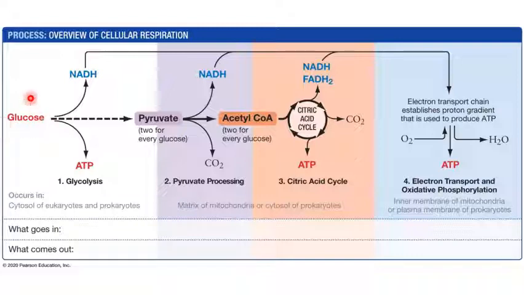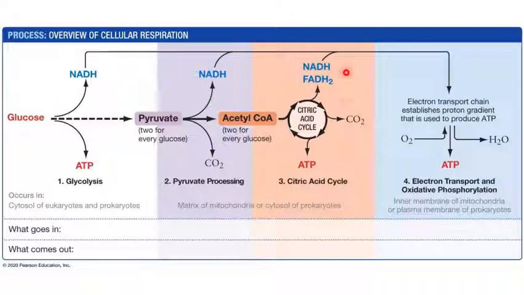So you start out with glucose. That goes into glycolysis and is converted to pyruvate. Pyruvate enters pyruvate oxidation and is converted to acetyl-CoA. Acetyl-CoA enters the citric acid cycle or Krebs cycle and is converted to carbon dioxide. Meanwhile, as these processes are occurring, you are adding electrons to NAD+ to give NADH.